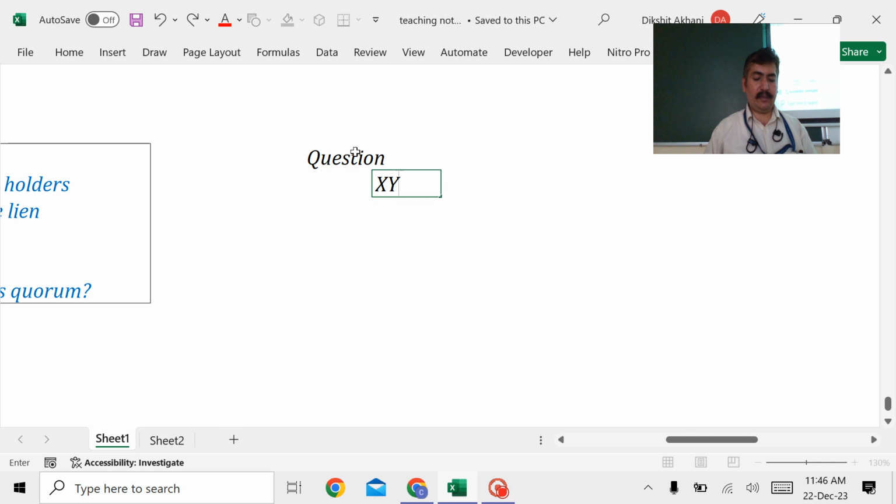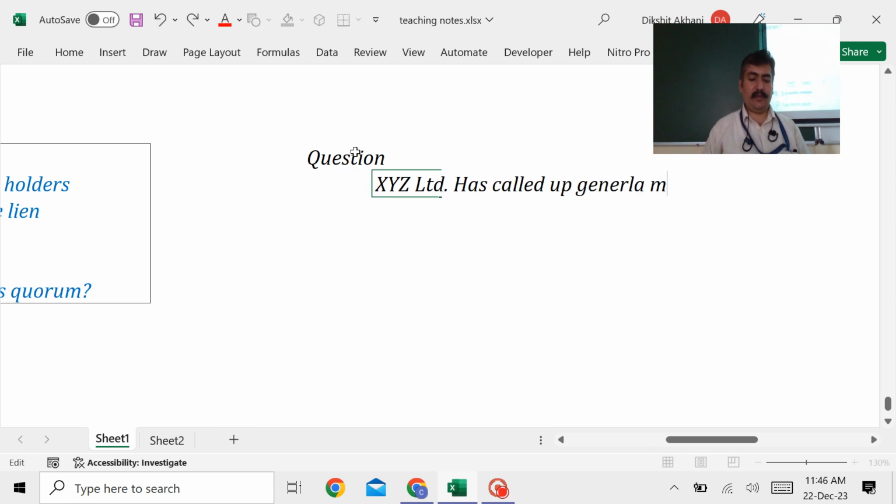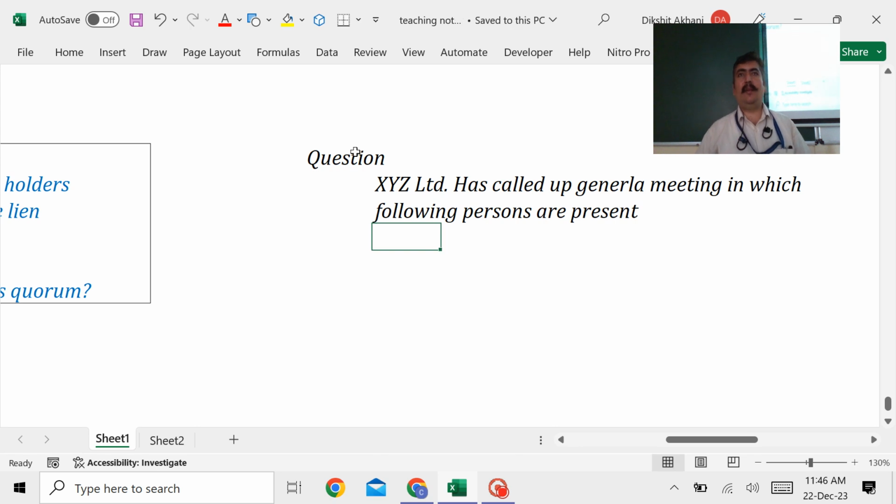There's a company, let's say company's name is XYZ Limited, and this company has called up general meeting in which following persons are present. Explain whether quorum is present or not.